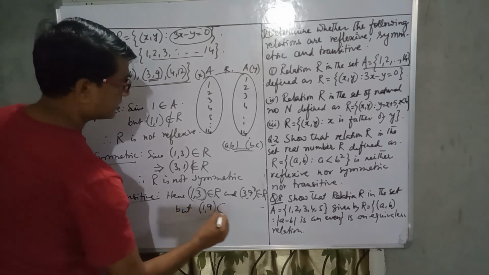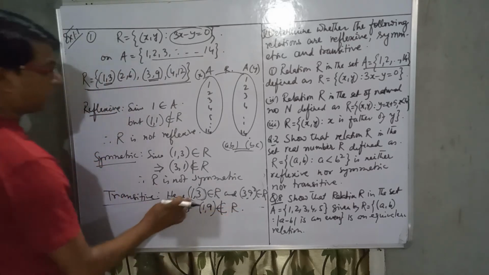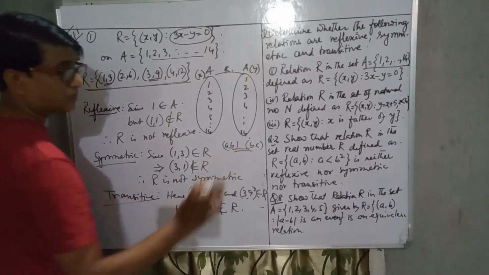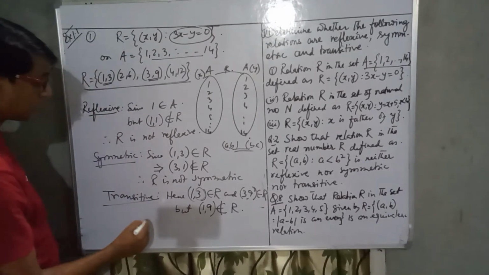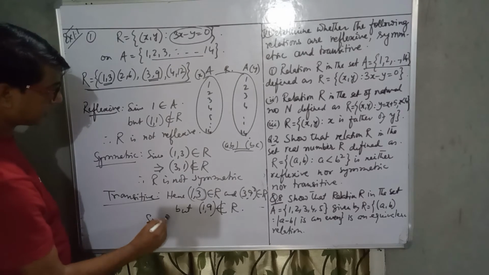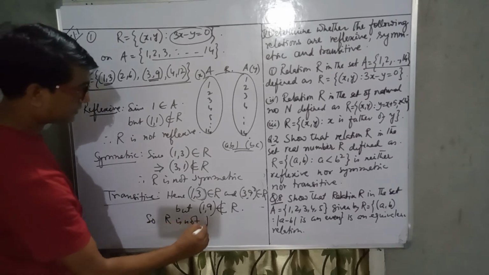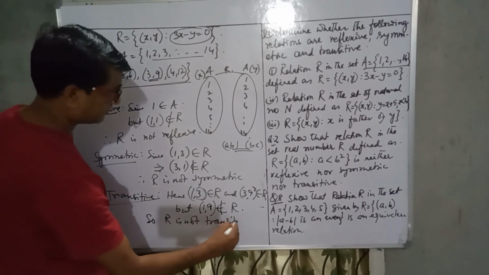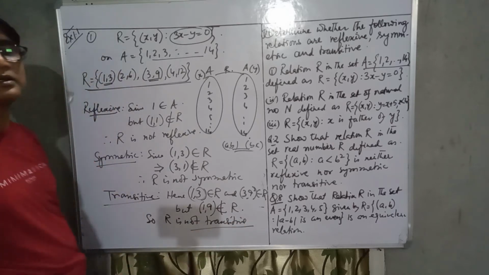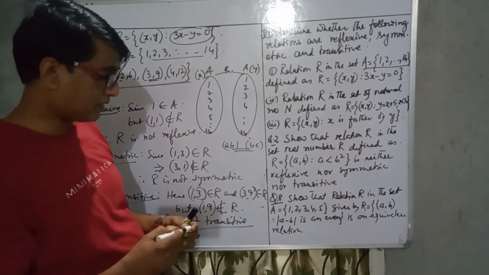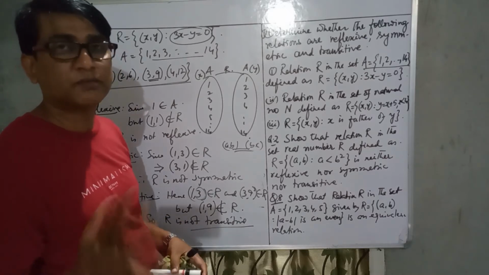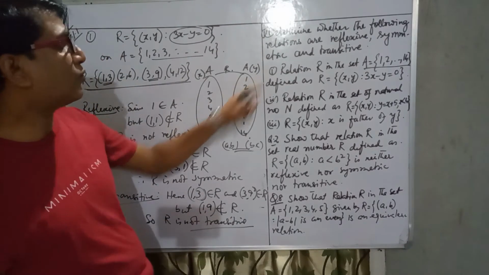No, it does not belong to R. (a, b) belongs to R, (b, c) belongs to R, but (a, c) does not belong to R, so R is not transitive. In this way you have to determine whether a given relation is reflexive, symmetric or transitive. This is number 1.